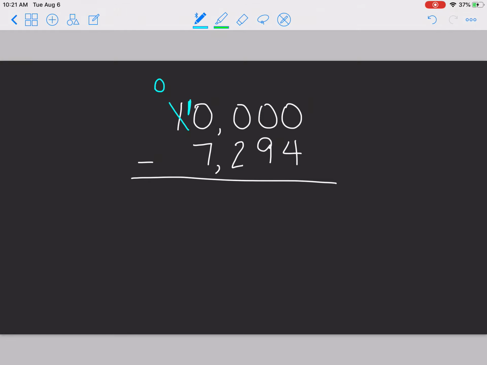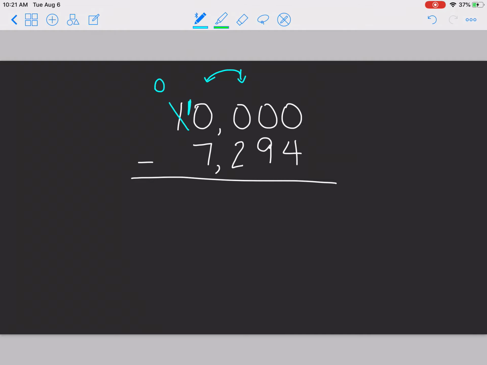But what I want to do now, because I can't start my subtraction process here, I still have to keep working my way back toward that ones place. Next I'm going to look at the hundreds place value, and I'm going to say, well, I have 0 there, but do I have something next door that I can take from?